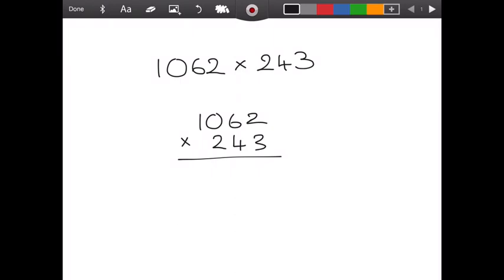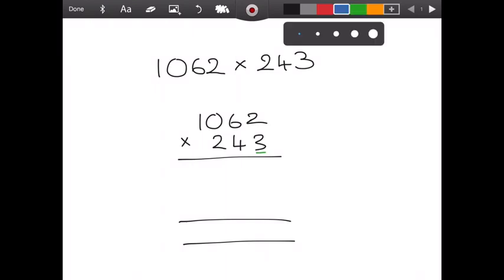We're going to need more space this time because essentially what we're going to do is do 1062 multiplied by 3, then 1062 multiplied by 40, and finally 1062 multiplied by 200.